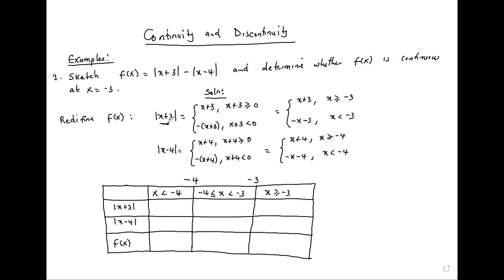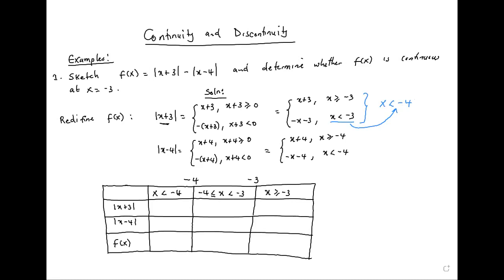We are talking about these functions. When x is less than -4, which piece here is going to be satisfied? You notice that it only happens when x is less than -3. This is the only interval that will intersect with that interval. So at the intersection, it will satisfy that interval.